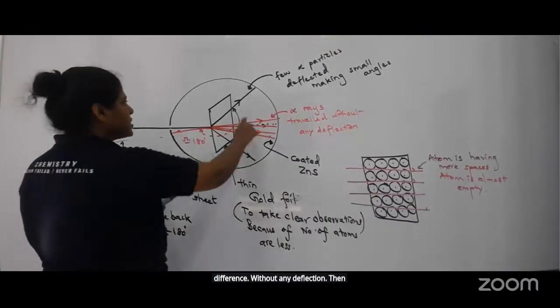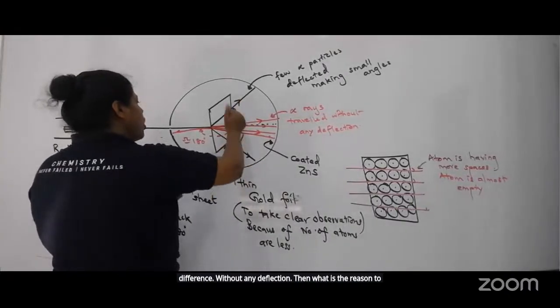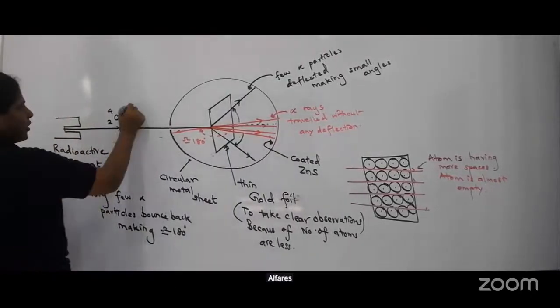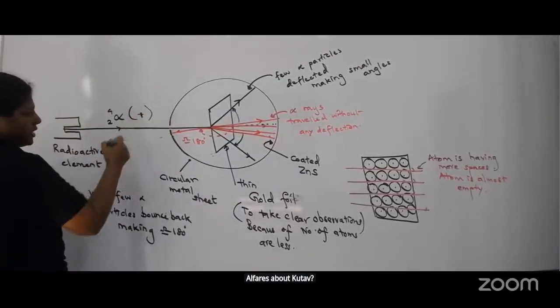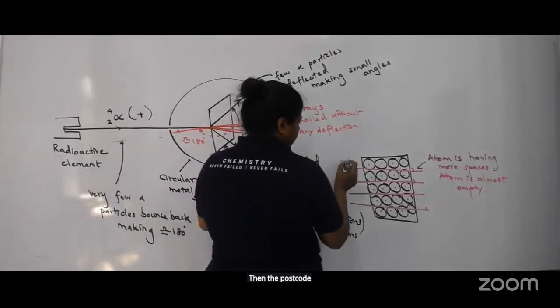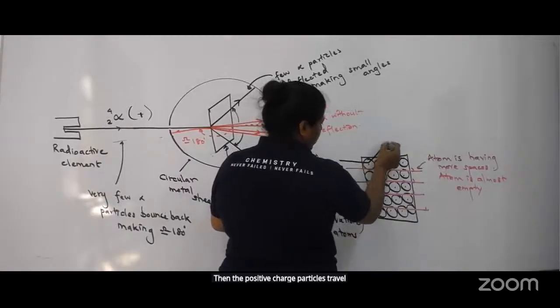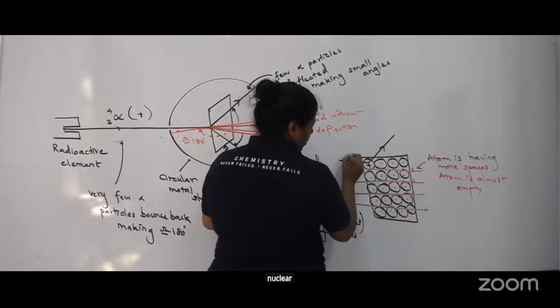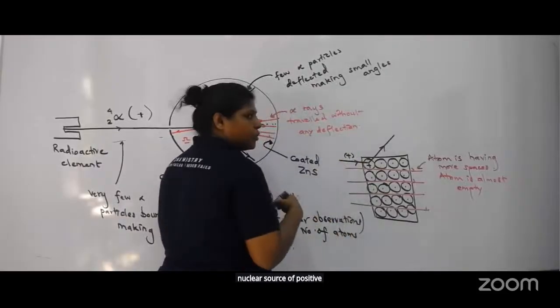Then what is the reason for the small angles? Alpha rays are positively charged particles. When the positively charged particles travel very close to the nucleus, the nucleus is also positive and the traveling particles are also positive.